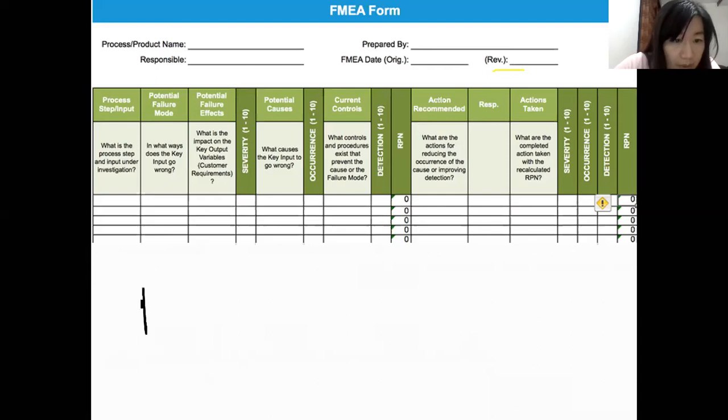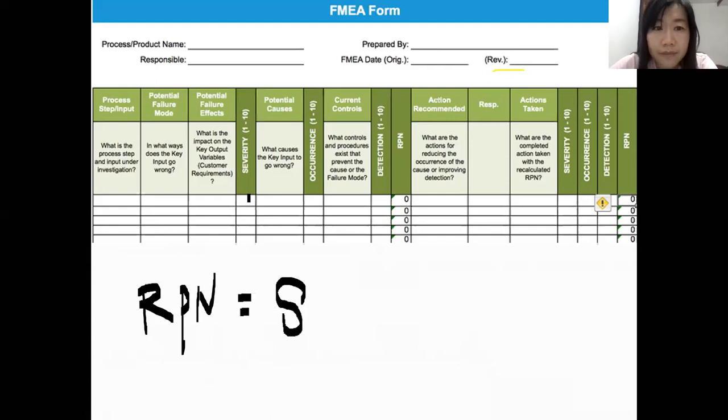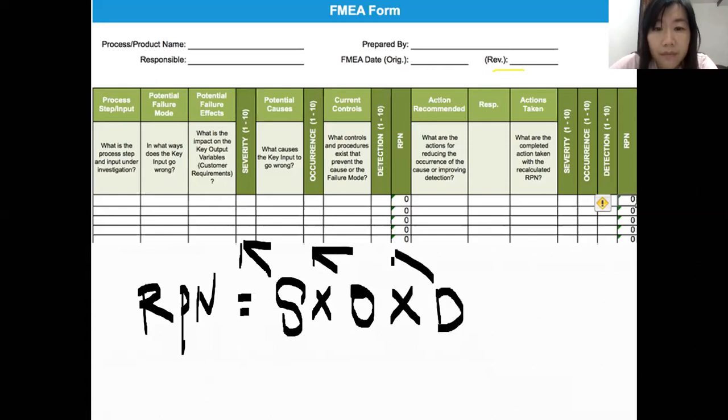Risk priority number is the multiplication of the severity, this one, with occurrence, this one, and also with the detection.